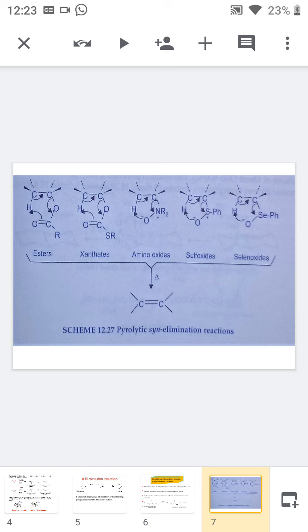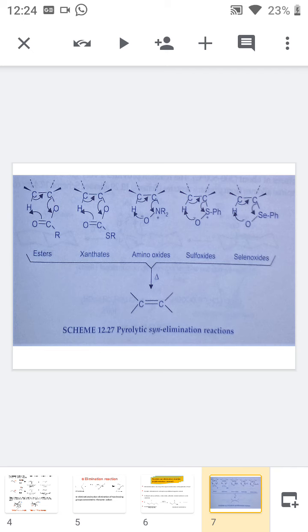Here we can see a transition state in which the bond breaking and making occur simultaneously. That's why it is a concerted mechanism. See here in the first example, the starting material, that is the ester, the double bond between the carbon and oxygen is shifted towards hydrogen, and the sigma bond between the carbon and hydrogen is shifted towards the CC bond, and the CO bond is shifted here.